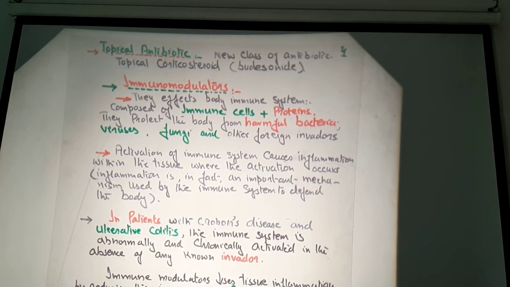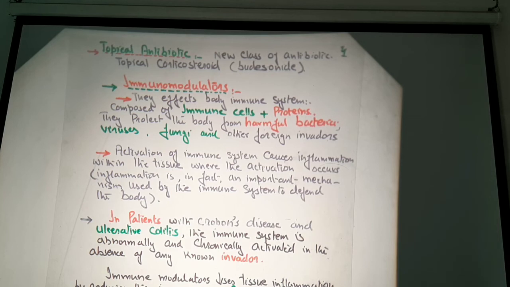And the immune system is nothing but the immunoglobulin E, that is the most important component. So in the case of intestinal bowel disease, there is activation of the immune system. So we have to use certain immune modulators which cause the suppression of this immune system.